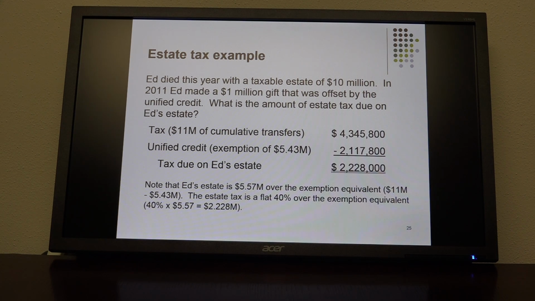Well, actually it's 10 million times 40%, and then the 1 million is taxed at 345,800. So that's where you get the 4,345,800. And from that, you deduct the unified credit of 2,117,800.